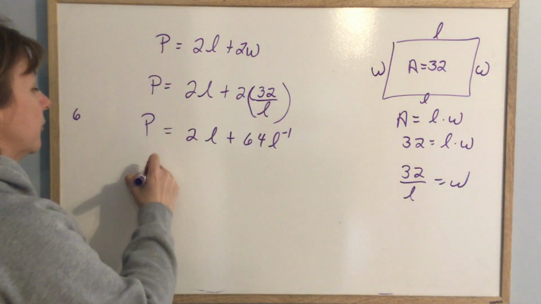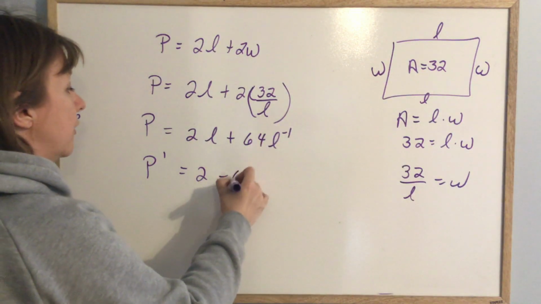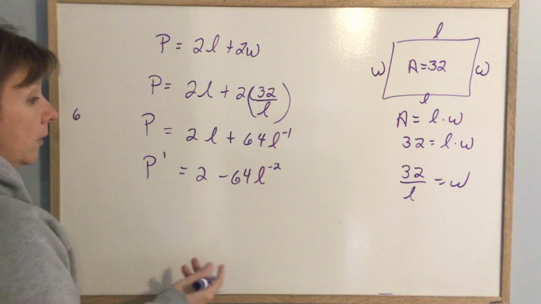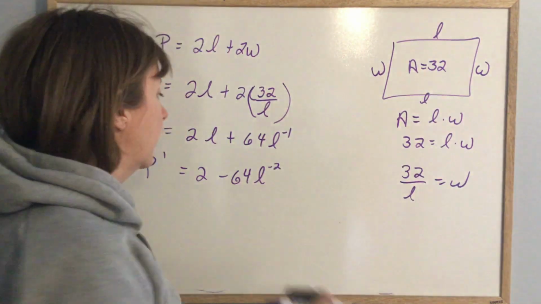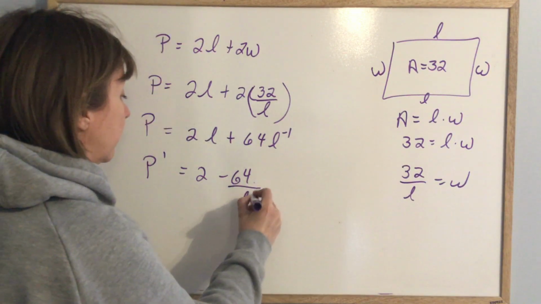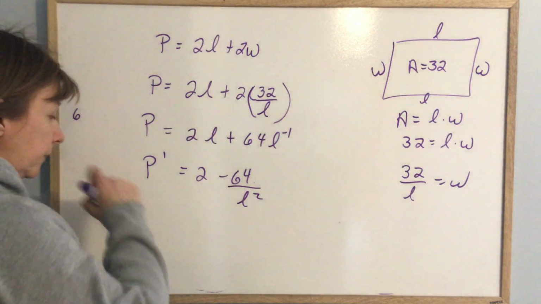So that's my perimeter. I'm going to do the derivative, which is going to be 2, and bring the negative down, so negative 64L to the negative 2, which I would write as 64 over L squared. I'm going to make that equal to 0.